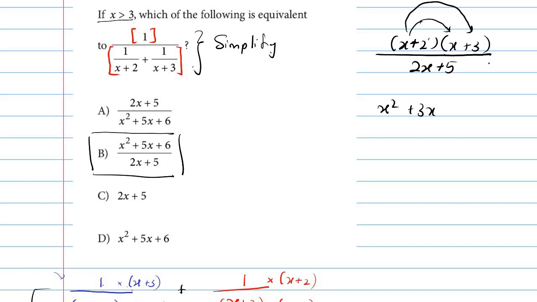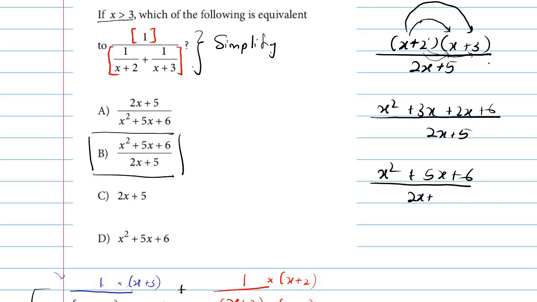You do this with 2 times x, which is 2x, 2 times 3, that's 6, over 2x plus 5. Okay, and then you have x squared, you take the like terms together, which is 5x plus 6 over 2x plus 5. Good. So this is what you get at the end of the day. So you see that they match.